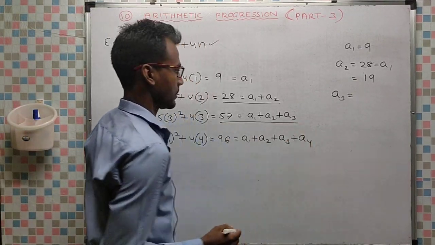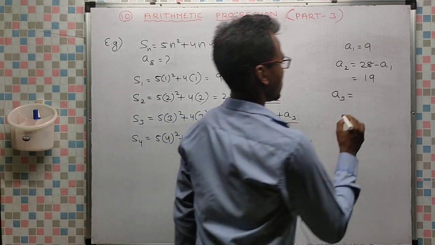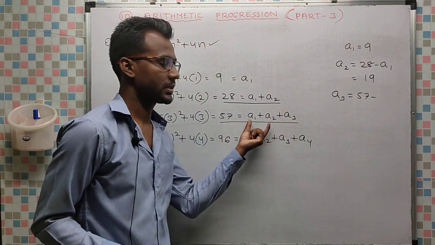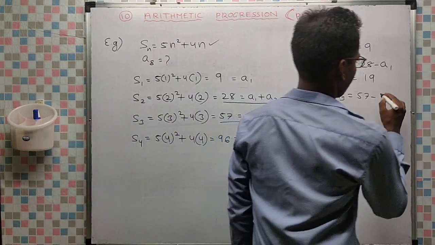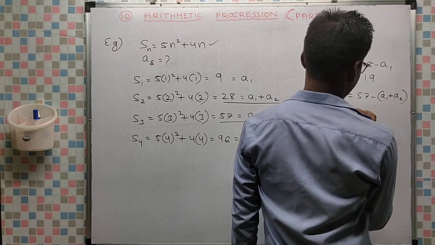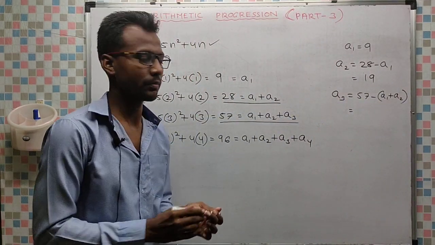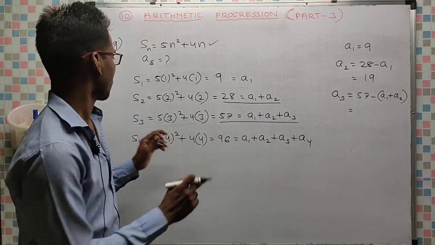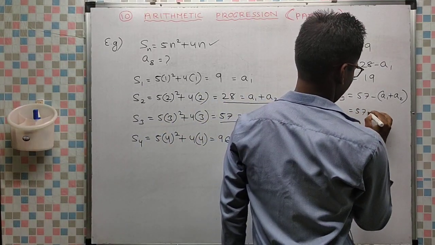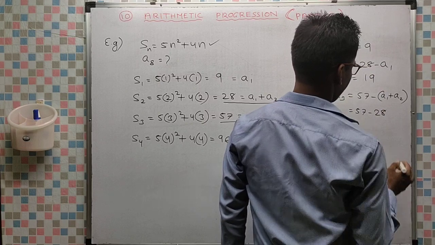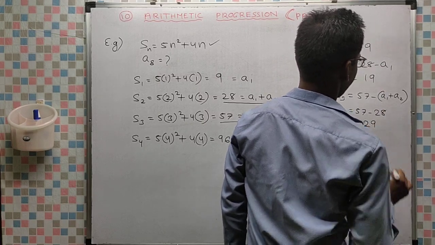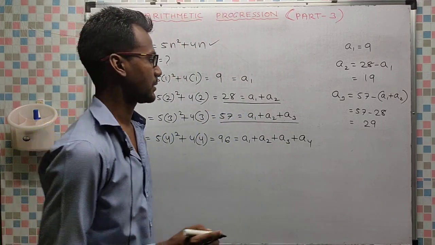From here we will get A3. What is A3? 57 minus A1 plus A2. What is A1 plus A2? 28. 57 minus 28, which is equal to 29. A3 is equal to 29.